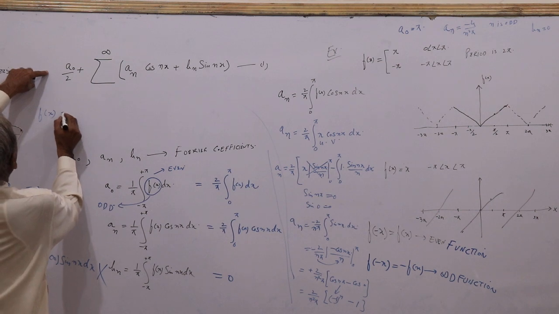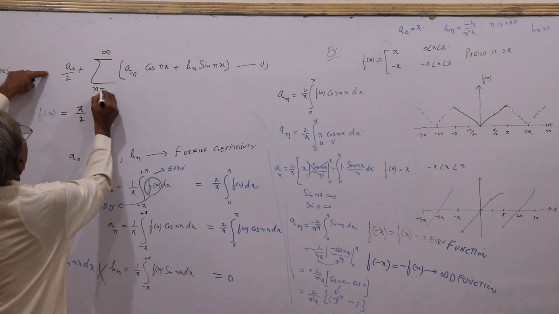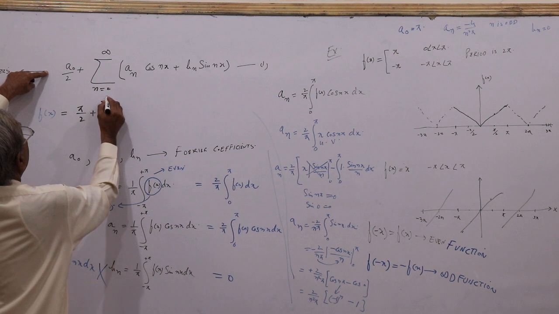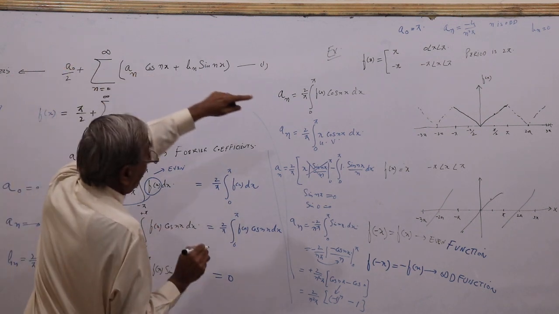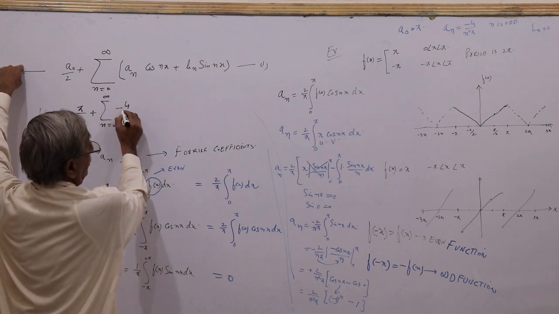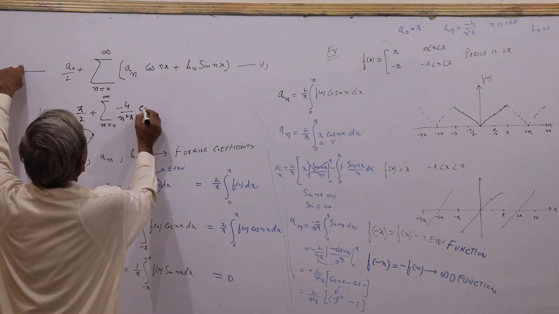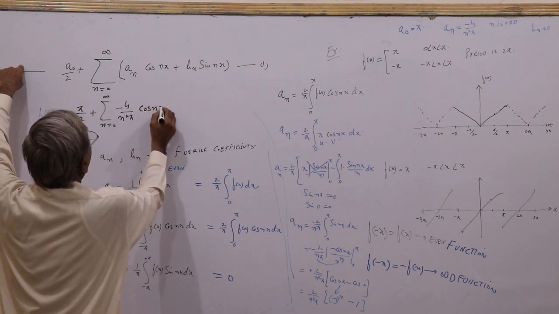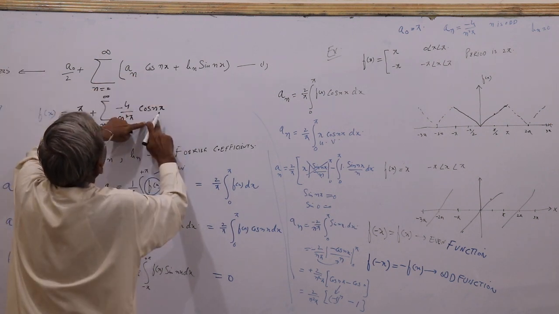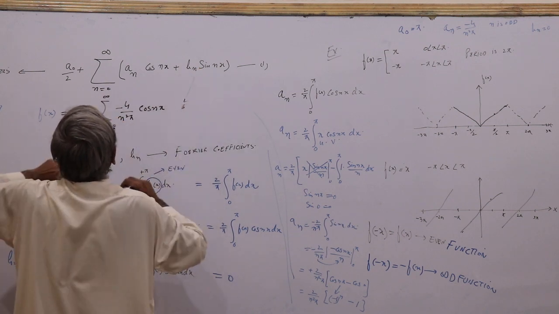A naught was pi, so it is pi over 2, plus summation n is equal to 0 to infinity of an, which is minus 4 over n square pi, cosine nx, plus bn, which is 0.